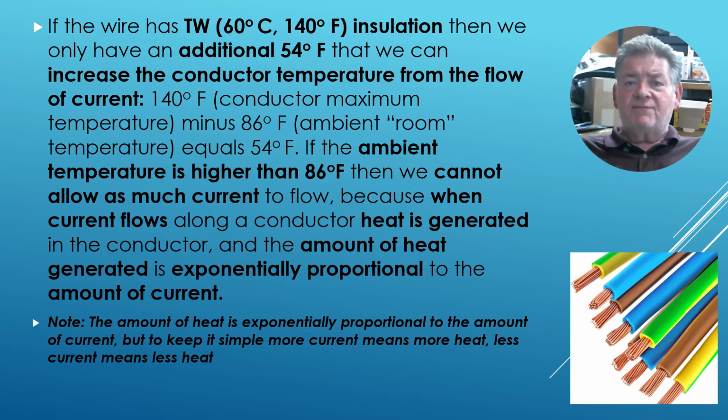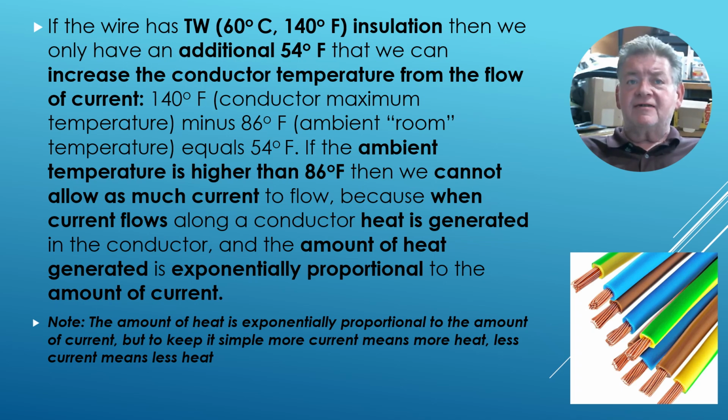How did I come up with that value? Well, we take the conductor's insulation's maximum temperature rating, 60 degrees C, 140 Fahrenheit, and subtract the room temperature, 86 degrees Fahrenheit. So 140 minus 86 equals 54.